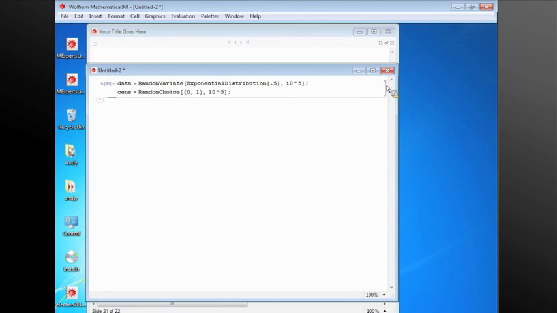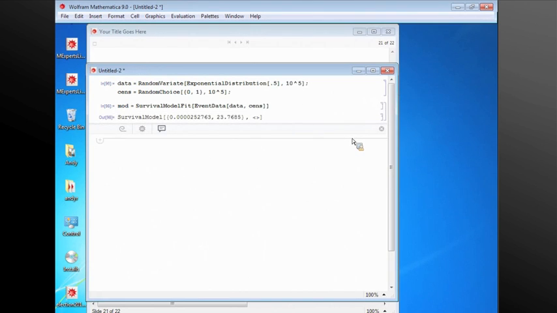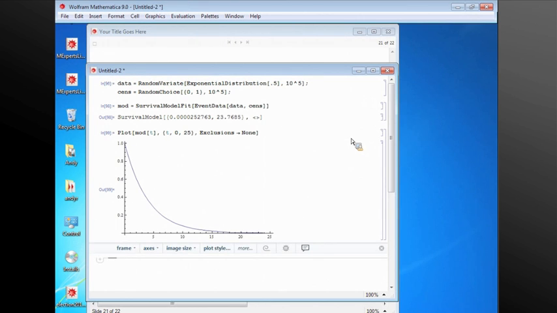So now let's do a survival model fit of my event data. Takes a little bit, but it's done. And now let's do a plot of that survival function where t goes from 0 to 25, and we'll say exclusions goes to none. Pretty rapid. So it scales relatively well.